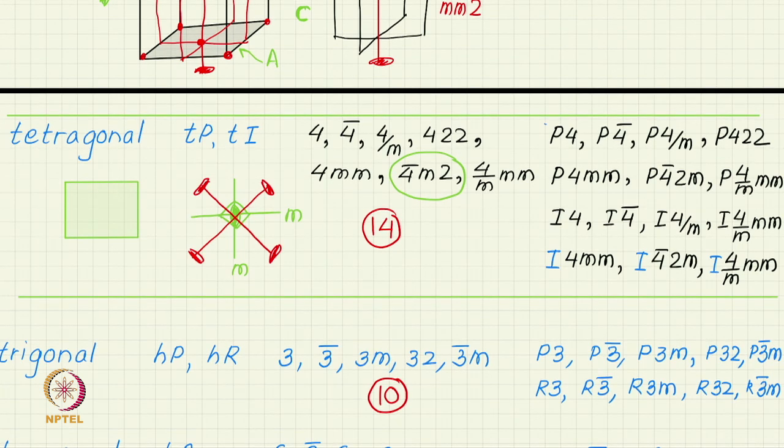Now, this can be placed exactly in this orientation, such that the mirror planes are perpendicular to the edges of the unit cell, the square edges of the unit cell, and the two-folds are along the diagonal.